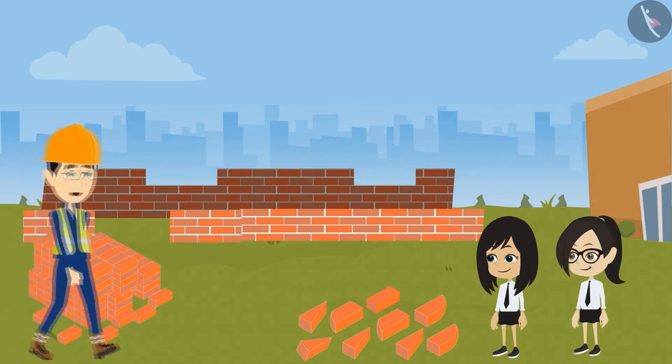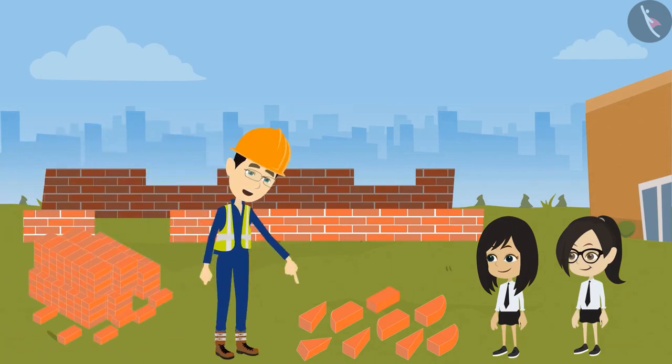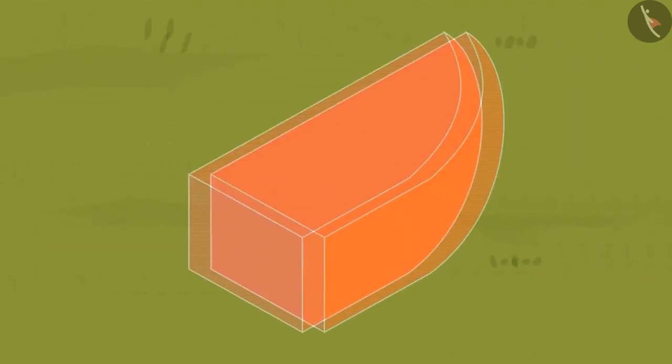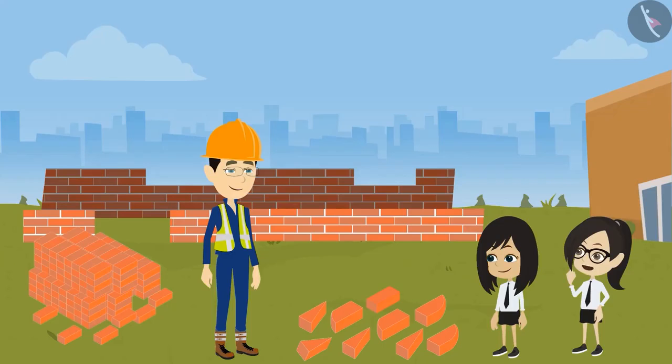These bricks were also of cuboid shape, but we needed a different shape, so we cut them according to our need. That is why you can see some of the bricks are of triangle shape and some of the bricks are round shape. Does that mean we can cut bricks in the shapes we want? Yes, to make most of the patterns, bricks are cut into different shapes.